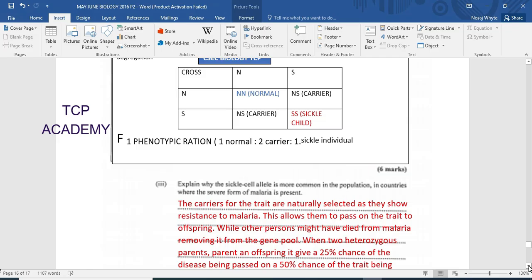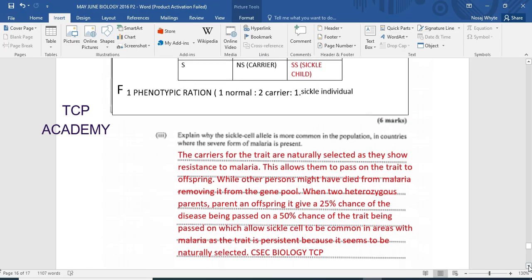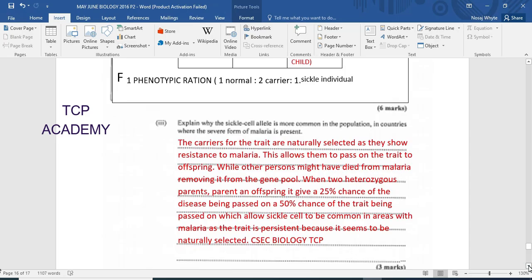While other persons might have died from malaria, removing it from the gene pool, when two heterozygous parents have offspring, it gives a 25% chance of the disease being passed on and a 50% chance of the trait being passed on, which allows sickle cell to be common in areas with malaria, as the trait persists because it seems to be naturally selected, and persons with the trait are usually resistant to malaria.